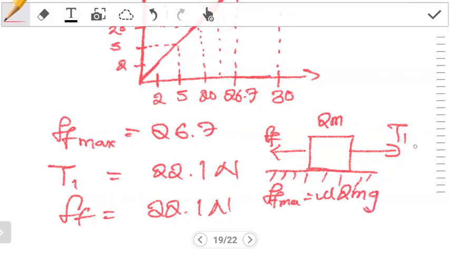But since T1 has maintained the value, and what we know is that the two are supposed to be equivalent for as long as T1 has not exceeded the maximum, in this case, clearly, T1 is not going to exceed the maximum. So in other words, the force of friction will remain the same, equivalent to T1, which is 22.1. The only thing doubling the mass has done in this case is to double the maximum friction this object can exhibit. So I hope that's clear.